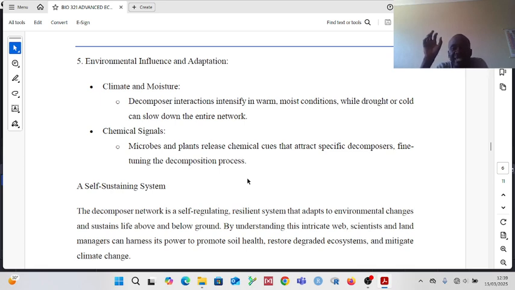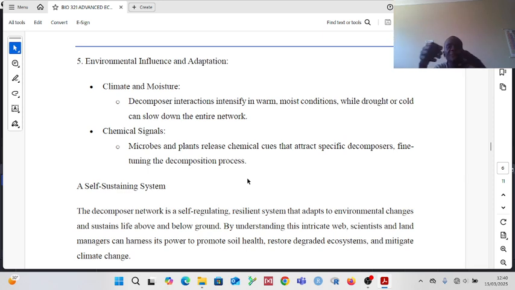There are microbes and plants which will release chemicals. These chemicals will attract specific decomposers. So then it means there are chemical signals that are released not only by the microbes, but also the plants, which are supposed now to bring the litter that the microbes will work on. So the specific chemicals that will be released will now attract certain decomposers.